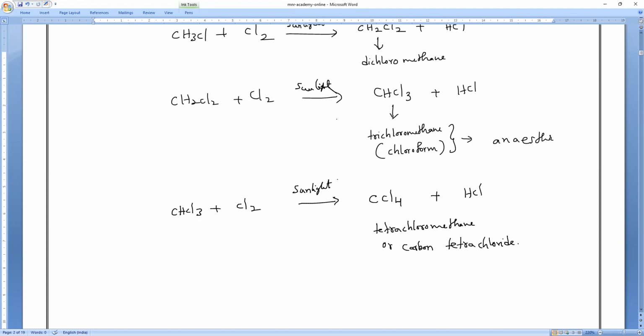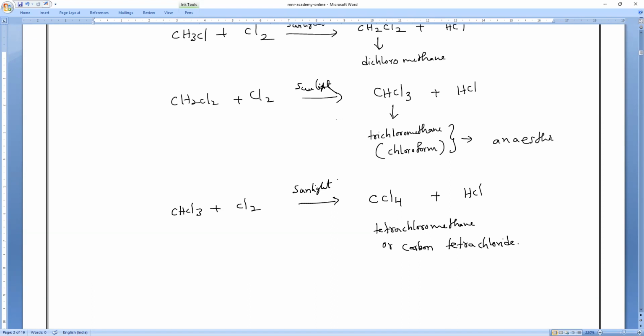So if you react methane, ethane, propane, butane, pentane, hexane, all saturated hydrocarbons, you can notice that all these compounds will give substitution reactions with chlorine. That is very, very important. Do you all understand?